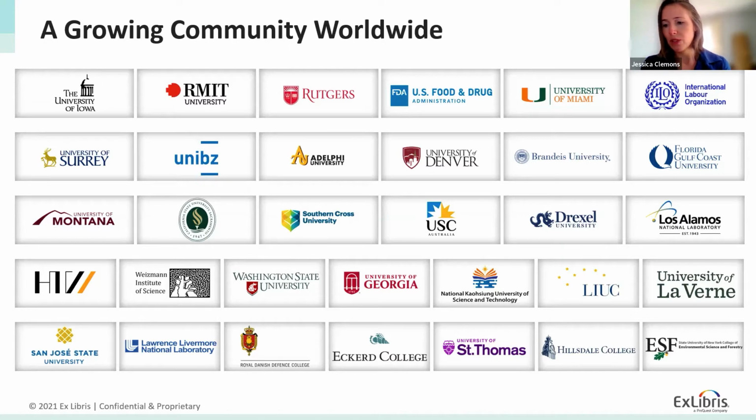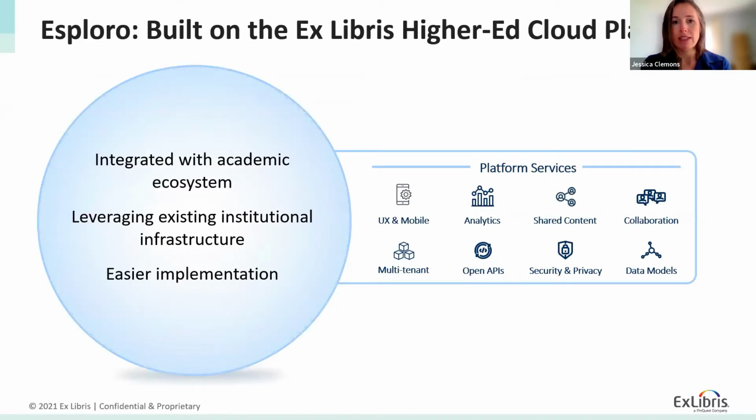But when it comes to infrastructure, SUNY is already using that higher ed cloud platform. It's what you're using for Alma and Primo, for example. And that means that Splurro will be very easy to integrate with your academic ecosystem, because it extends some of the capabilities of Alma and Primo.